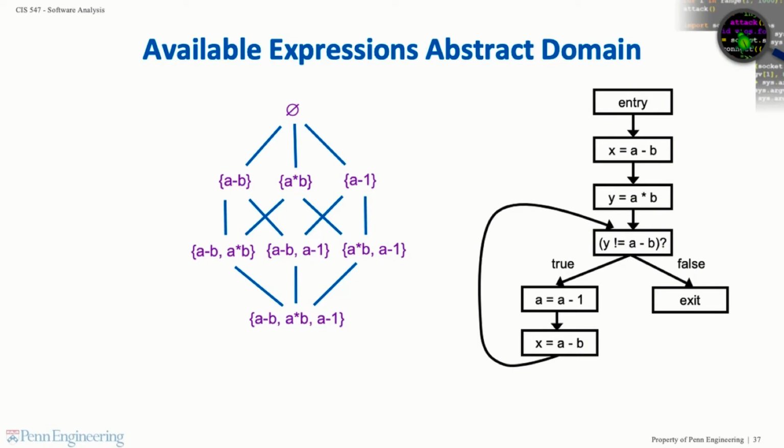At the start of the chaotic iteration algorithm, the in and out sets of each node in the control flow graph start out with the bottom abstract value, the set of all expressions. In each iteration, these sets shrink progressively along the edges in this structure. The most that any in or out set can shrink is the top abstract value, the empty set of expressions.